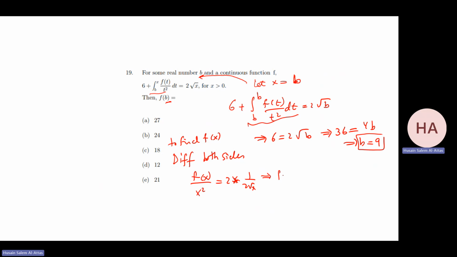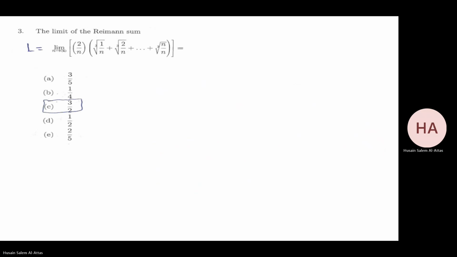So that implies f of x will be x squared over 2 square root of x, which is x to the power 3 over 2. So this is f of x. F of b will be f of 9, which is 9 to the power 3 over 2. And that will be 27, which is this. Okay.